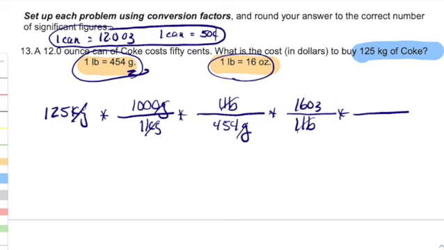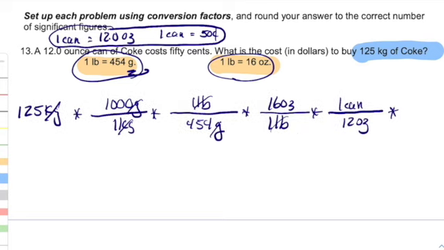I suppose I could say that 12 ounces is equal to 50 cents. And I could combine these two ideas of conversion factors into one. But for sake of keeping this as simple as possible, I'm going to say that 1 can is 12 ounces. And then 1 can is 50 cents. There's a setup.